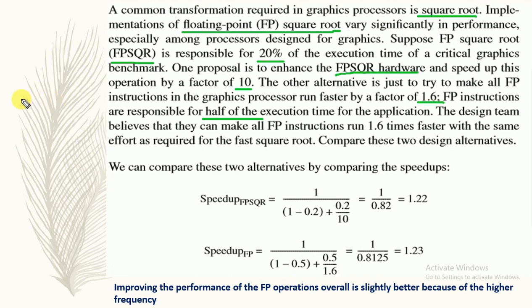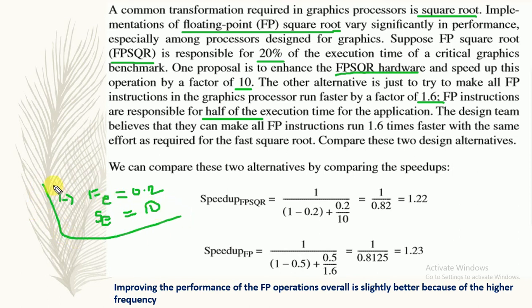Okay, so first case, fraction enhanced is equal to 0.2. We'll just write these values. Then speed up enhanced is 10. That is for the first case.